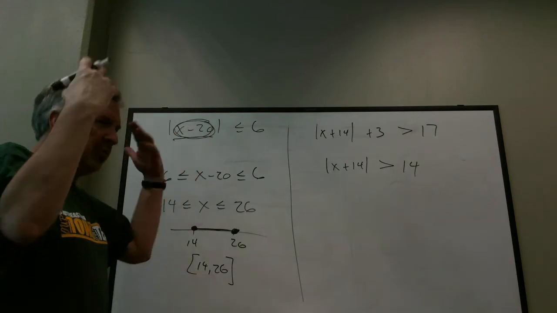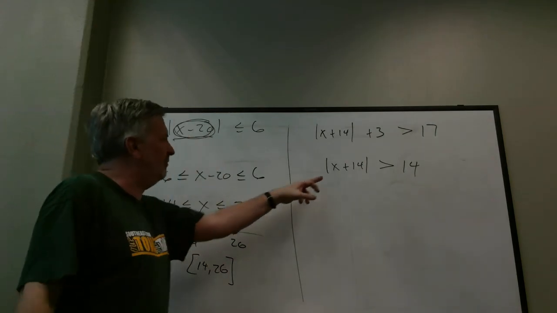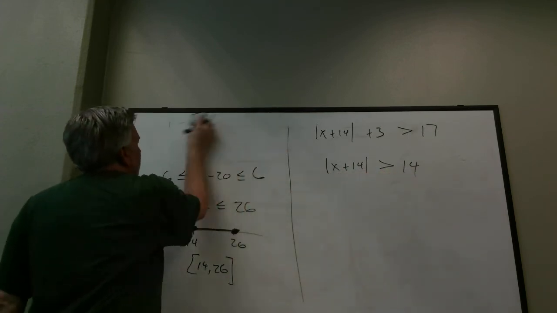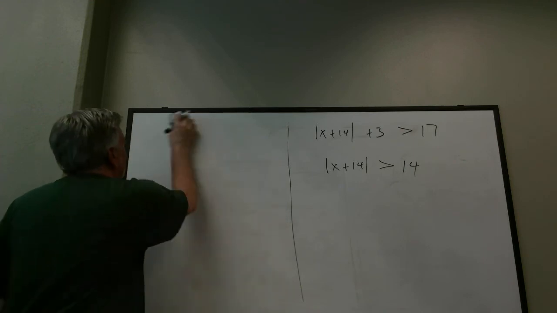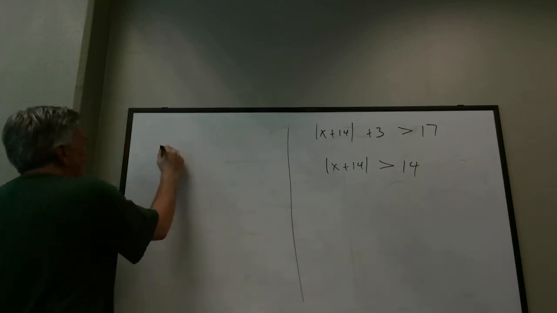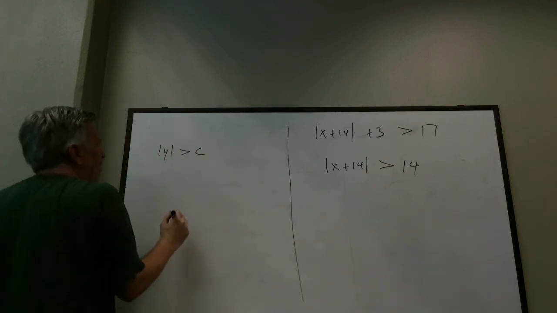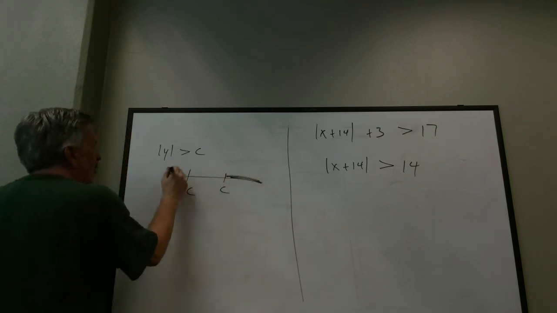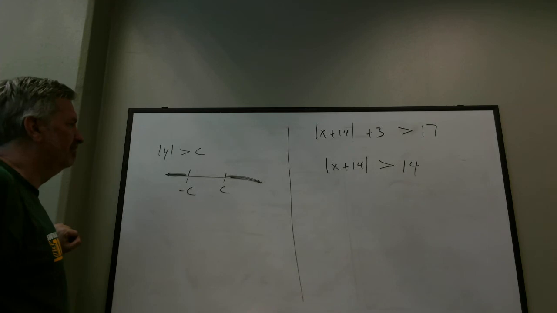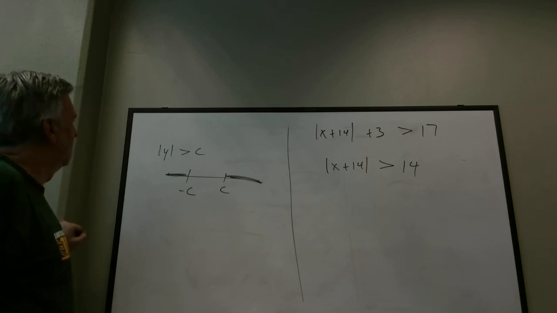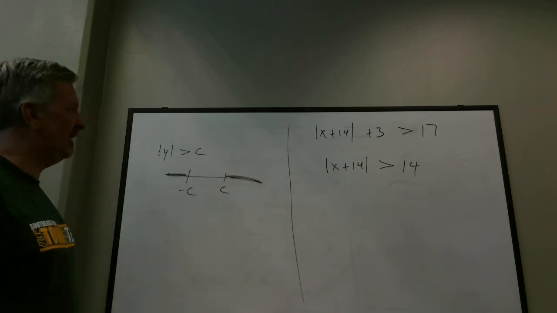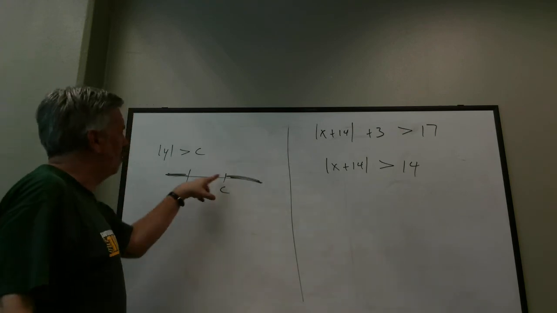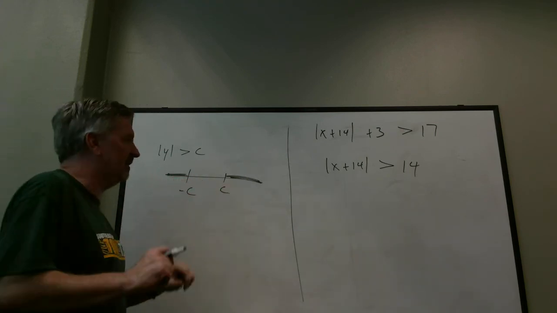Okay. Now remember, pictorially, think back to how we did absolute values that were bigger than a number. Just to wrap my head around this problem, when an absolute value of y was bigger than a number, remember where that was. It was bigger than c or less than negative c. Okay? So the y here is my x plus 14, and my c is also 14. So how do you write this? Now this is an "or" statement, so I'm not going to write it as a compound inequality.